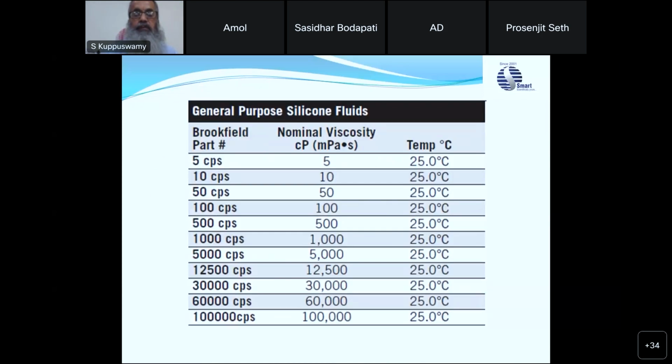The general purpose silicone fluid viscosity standards are available from 5 cP to 1 lakh cP with Brookfield, and all these are calibrated at 25 degrees temperature. So we use these for calibrating or validating the Brookfield viscometers.